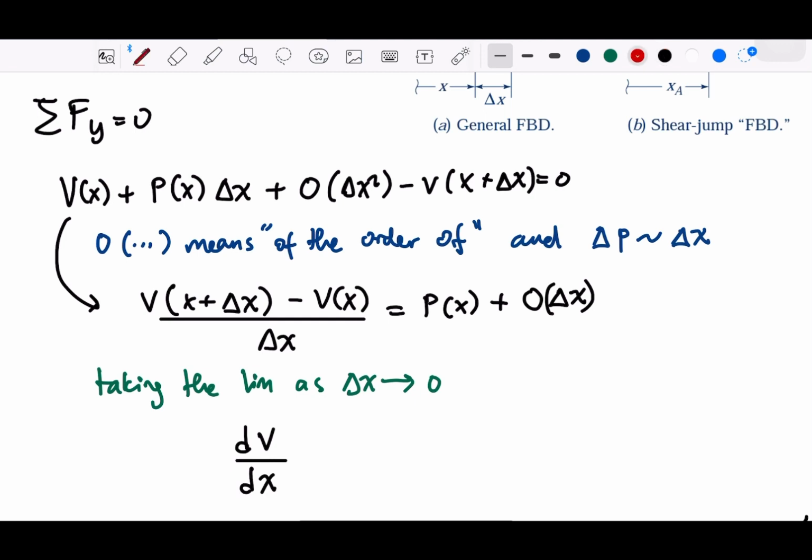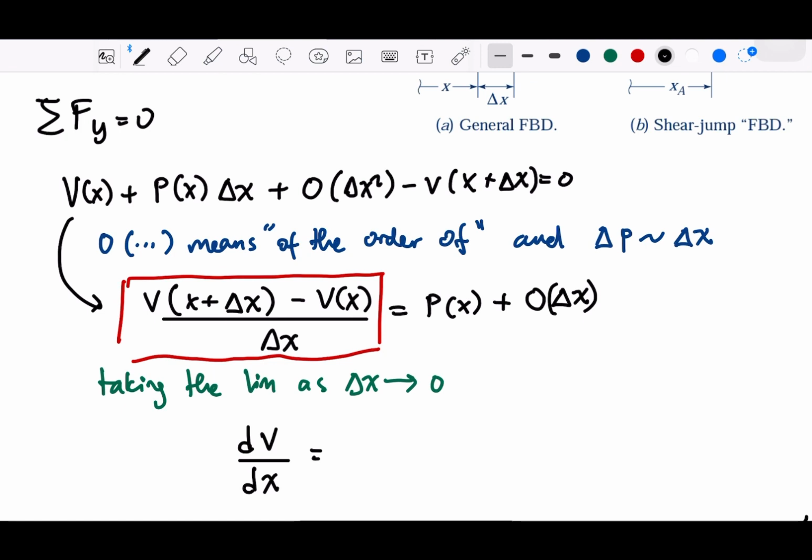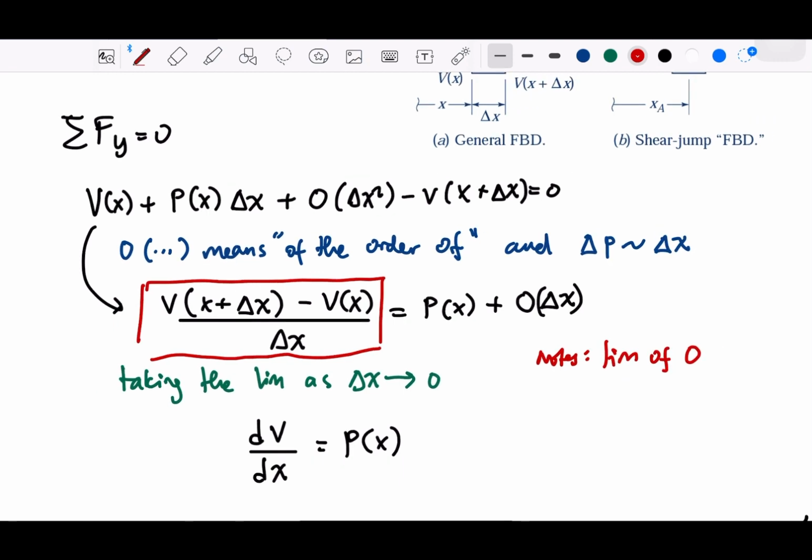Okay, so this is the definition of the derivative through limits, and this is equal to px. And note that the limit of the O term becomes 0.